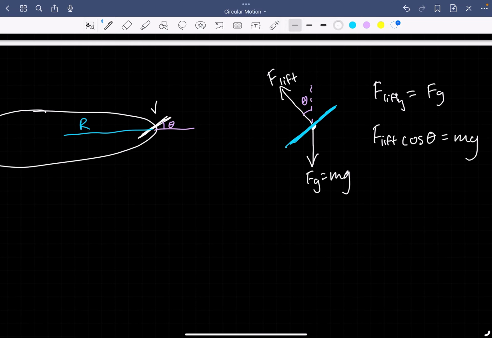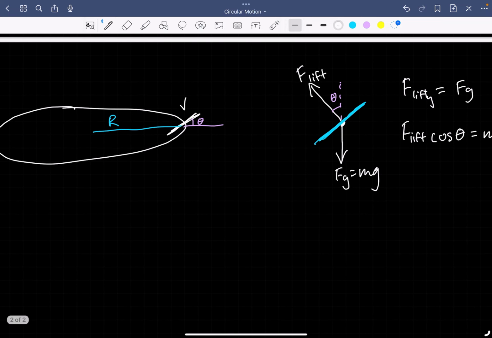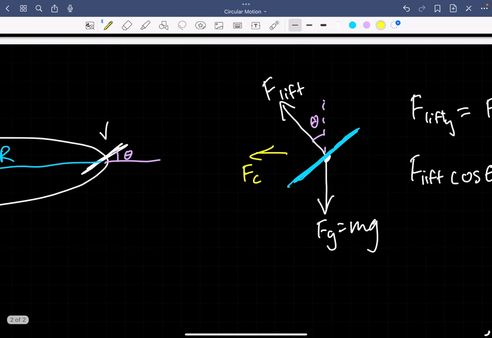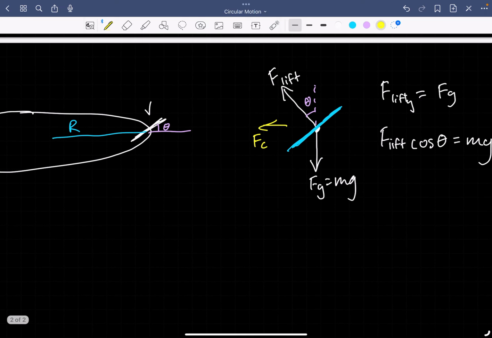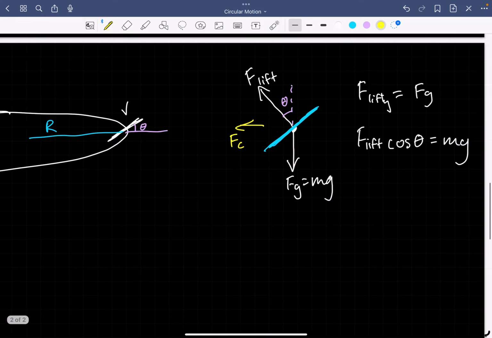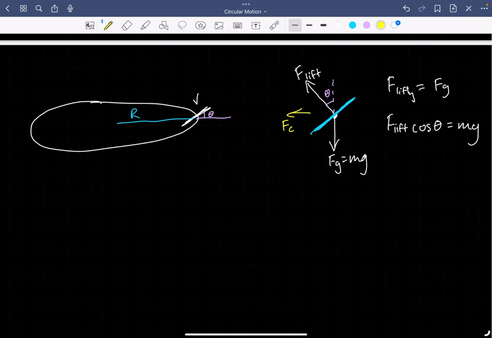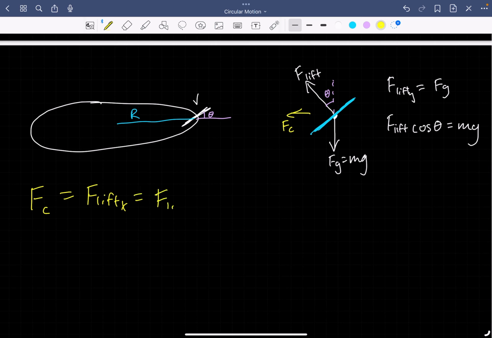Now we also know that the centripetal force, which is going in this direction, so this is the centripetal direction, Fc has to point in towards the left in this case as we're viewing it, and can only be supplied by the x component of the lift force. So that means that Fc, the centripetal force, is equal to F lift x, which we can see here is also given by F lift sine theta.